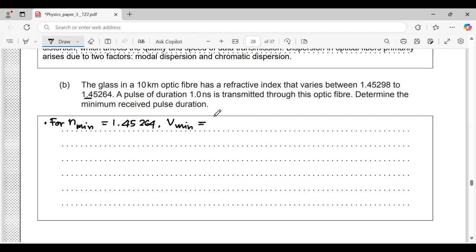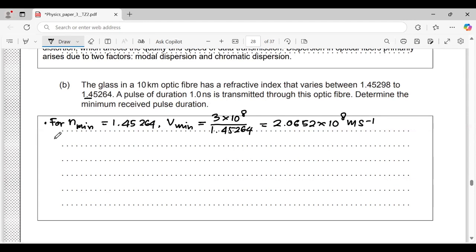Minimum speed equals 3 times 10 to the power 8 over 1.45264. It is 2.0652 times 10 to the power 8 meters per second.